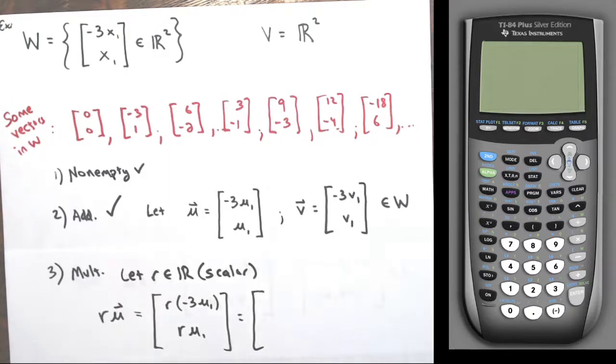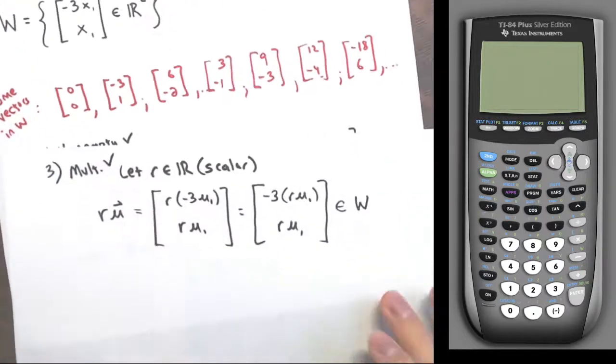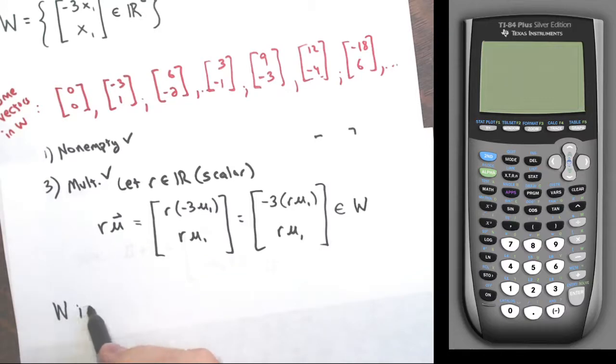You can move the parentheses around, move the factors around. You could actually write this as negative 3 times Ru1 if you wished. These would be the same product. And then the bottom component is still R times u1. And this indeed has the same form as every vector in W, where the top component is negative 3 times the bottom component. So this vector RU, a scalar times U, does indeed belong to W. It is closed under scalar multiplication. So all three properties hold. W is indeed a subspace of R2.